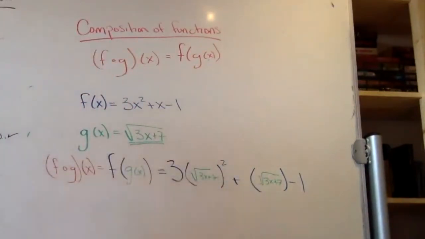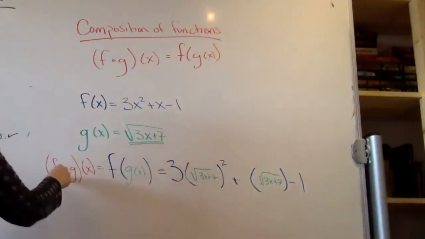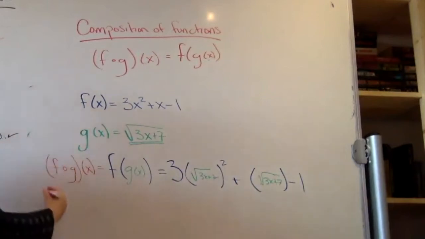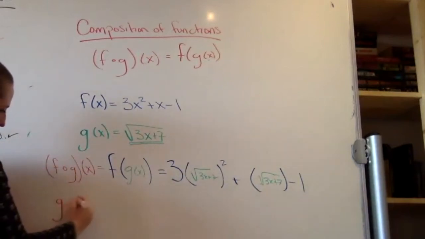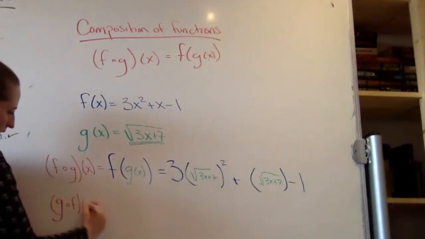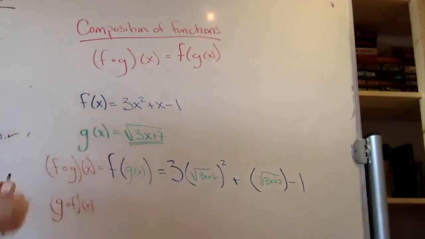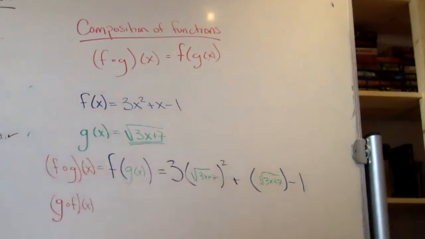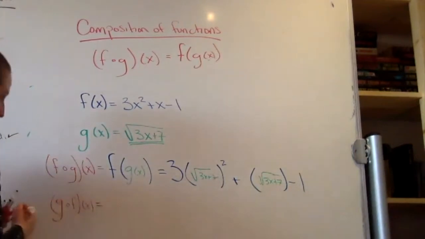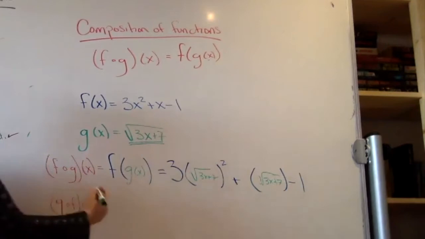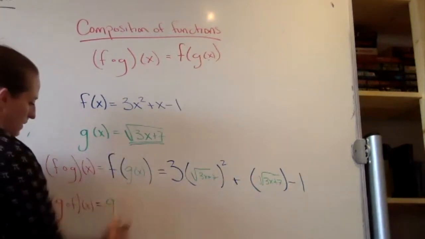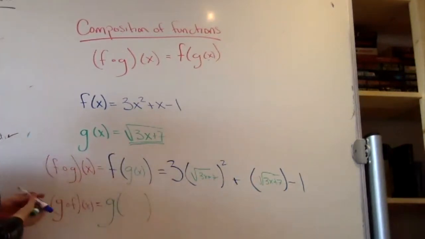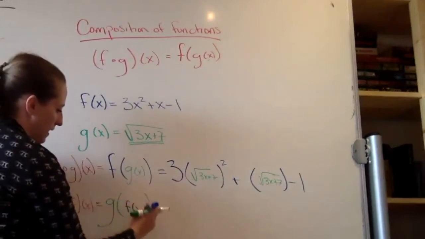Now, let's contrast that to what happens if we do this in the other order. We did f composed with g. What if we do g composed with f? Composition order matters because it changes which is the outside function and which is the inside function. So here, we're saying that g is the outside function, and into g, we're going to plug in f.